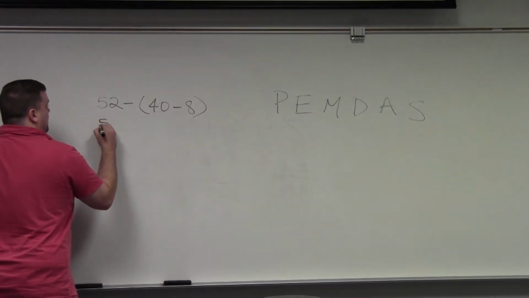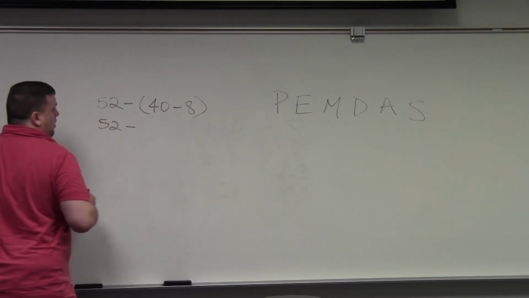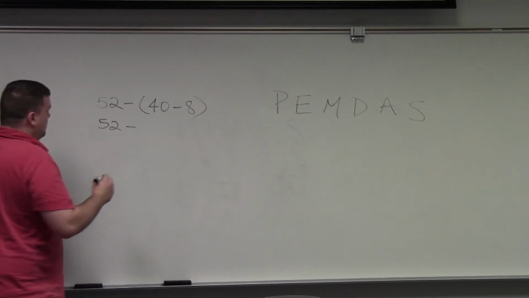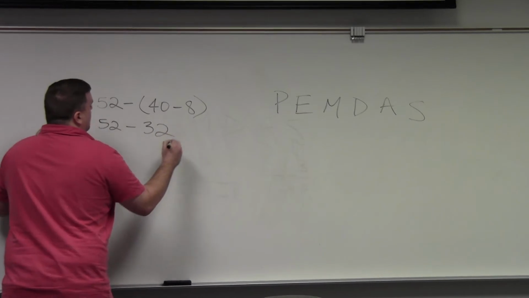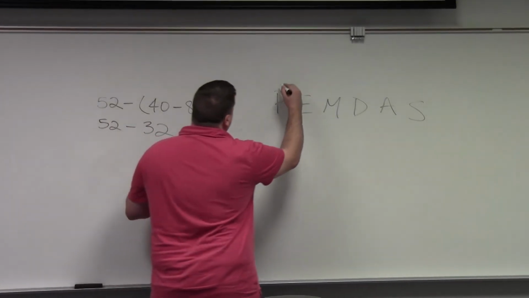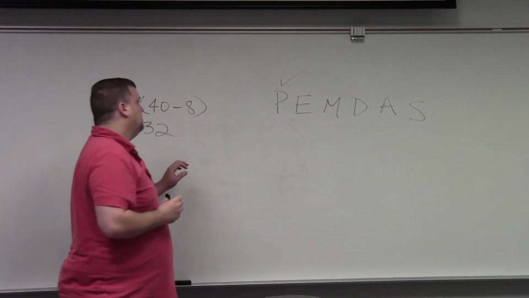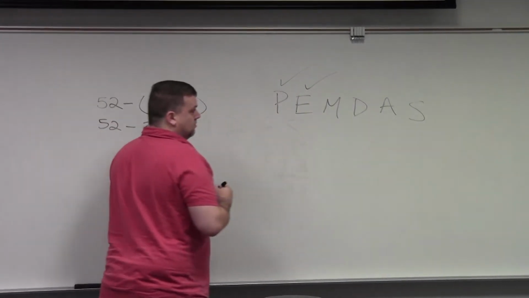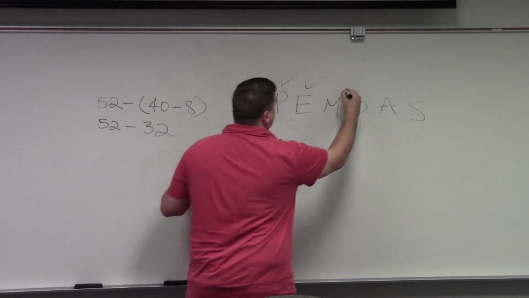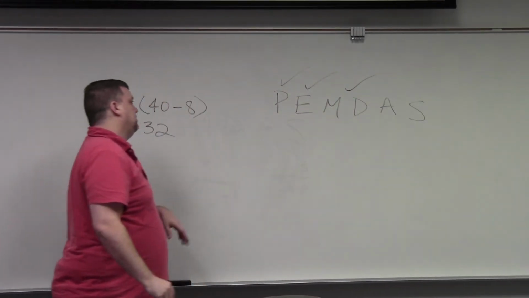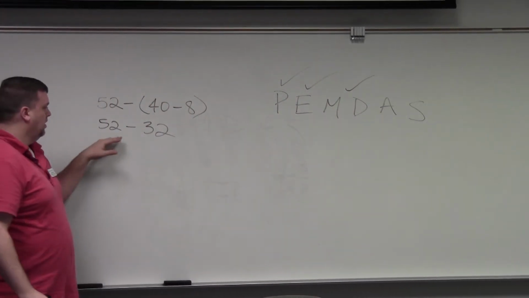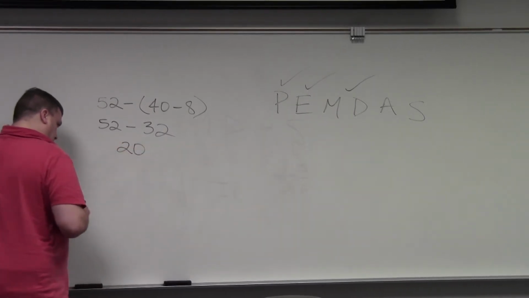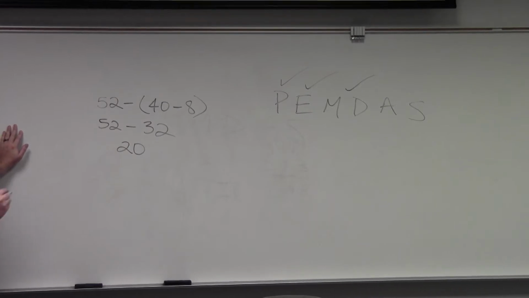So we're just going to copy down the rest of the problem. What's 40 minus 8? 32. So we've taken care of our parentheses. Any exponents? No. Any multiplication or division? Nope. Now we have addition and subtraction, right? So we have subtraction here. So it's 52 minus 32? 20. And we're done. All right. So baby steps. Work our way up.